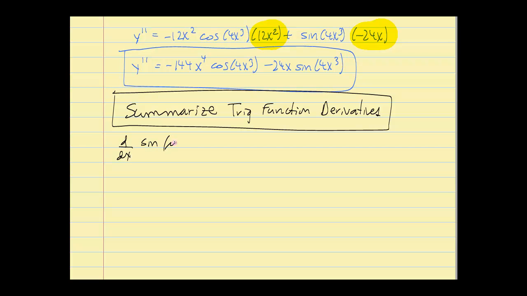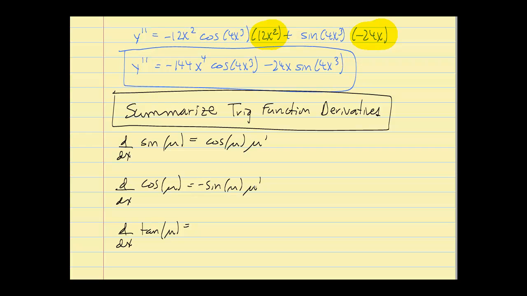And again, u is any expression that involves x. So it could be a binomial, it could be a trinomial, it could be a radical. Okay, so the derivative of the sine of u is the cosine of u, u prime. The derivative of the cosine of u is negative the sine of u, u prime. The derivative of tangent u is secant squared of u, u prime.